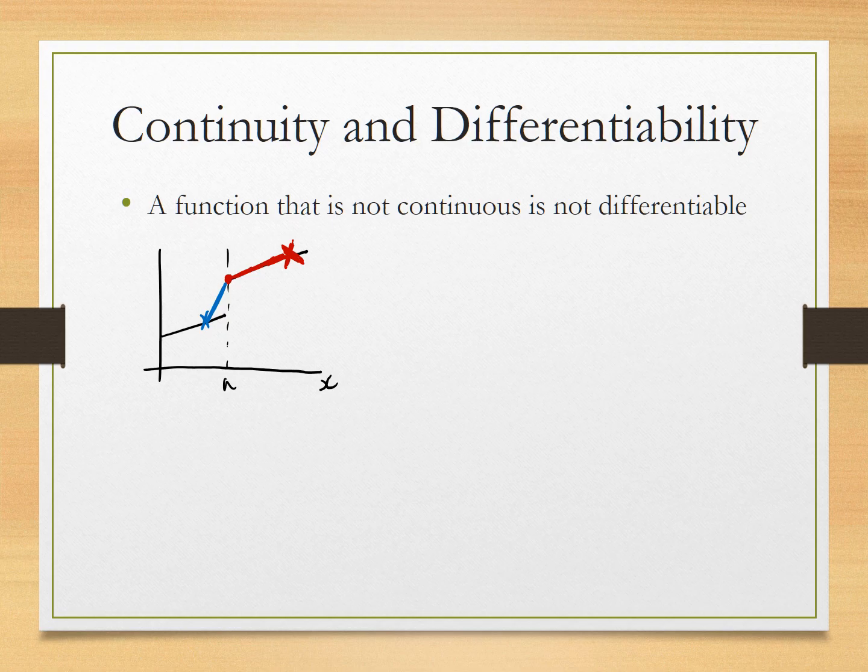Not to mention, if they have very different slopes, then this problem is going to be even bigger. Now this time I'm going to pick a point on the bottom. You approximate the slope here, and then you approximate the slope here, and you can see that the slope is going to be very different.